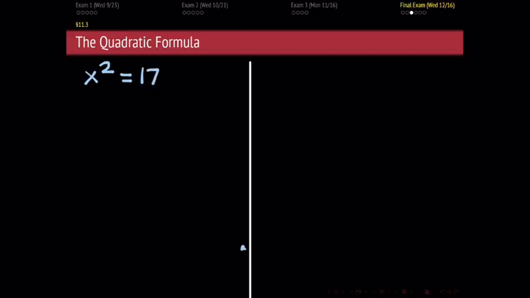X squared equals 17x plus 60. So there's one example of a quadratic equation. Let me also give an example for the wall side that we can both tackle. How about x squared minus x is equal to 90.